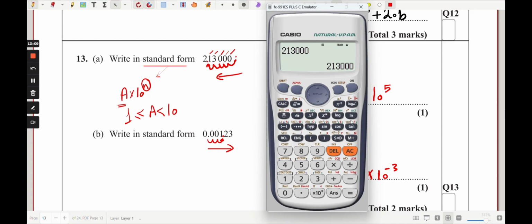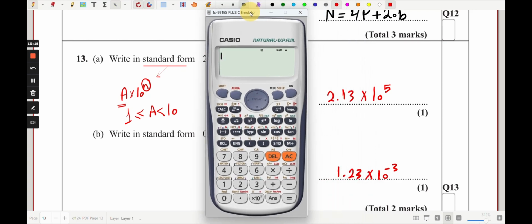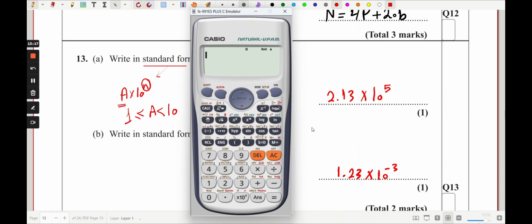If you want to change from standard form to an ordinary number, you should do the following. So 2.13 times 10 to the power of 5, equal. It's already written here as an ordinary number.